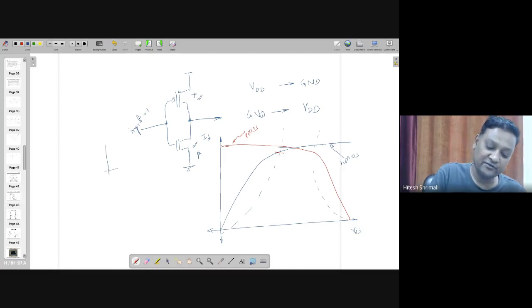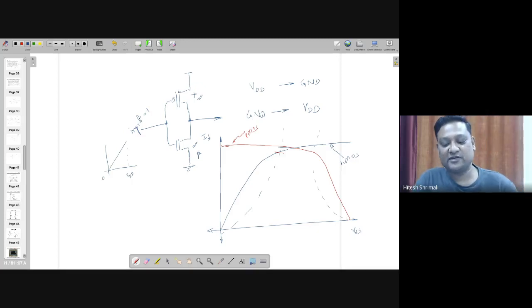And note that we are not applying just one input at a time, but it might be going from 0 to VDD, because right now I'm interested in drawing the IV characteristic. When you are doing this, both the transistors will act in different regions. Sometimes you will find that NMOS is in triode region.